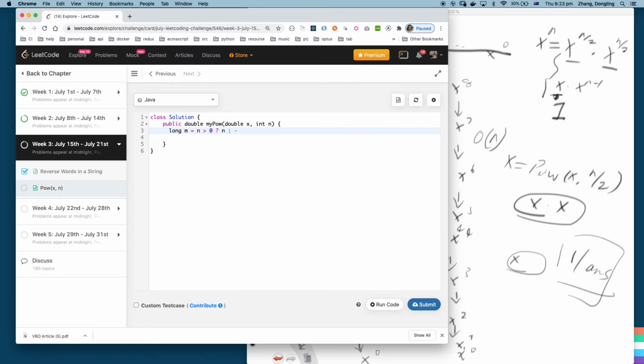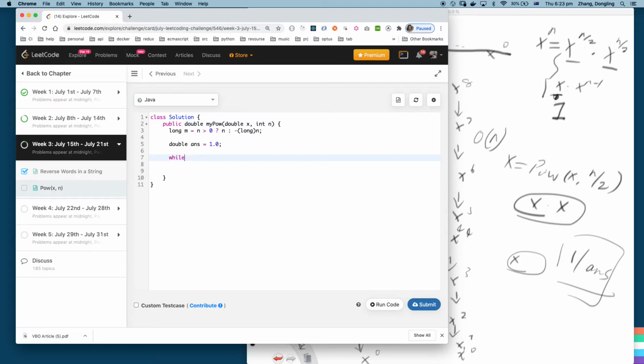Otherwise, we convert it to a positive long. This is in case of overflow, so we change the type to long. Now we have the answer. The answer is expected to return a double, so by default we use 1.0 because it's a double number.